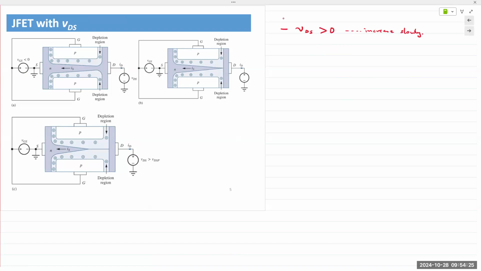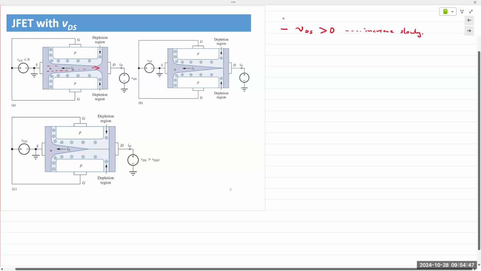What happens? You have a large number of free electrons available in the n-type material, and you're applying a positive voltage at the drain. So electrons are now propelled towards the drain, coming this way, and of course current is flowing in the opposite direction. So you have current flow.